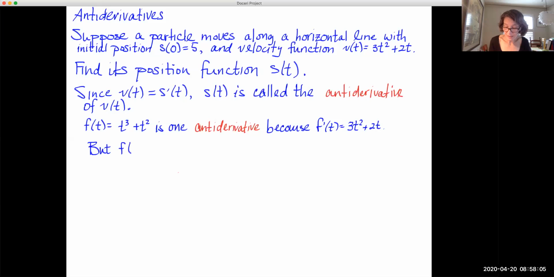But the problem is, if we plug in 0 into f, we just get 0. We don't get 5. So it is an antiderivative, but it's not the one we're looking for.